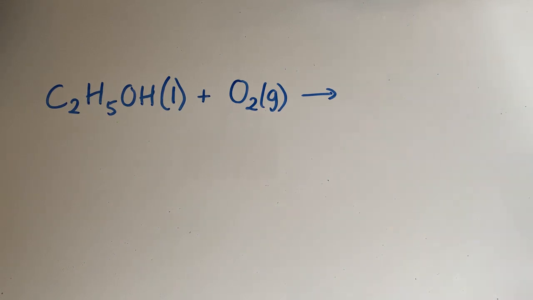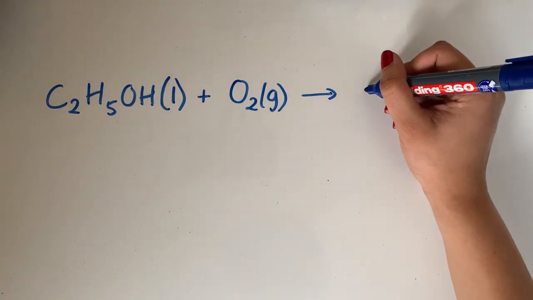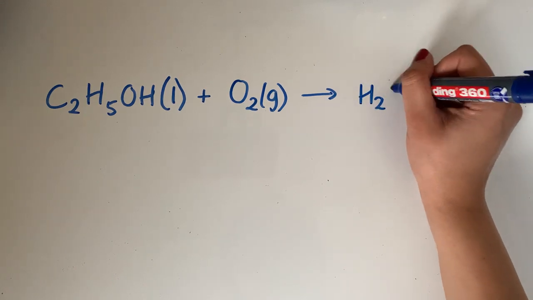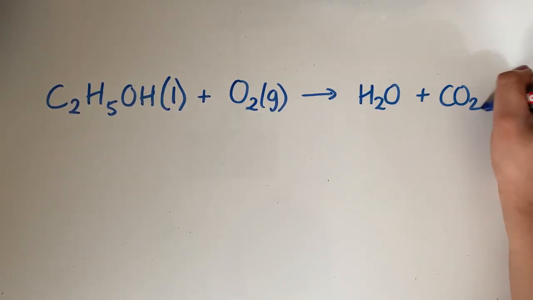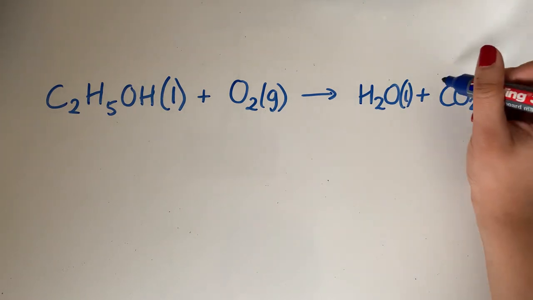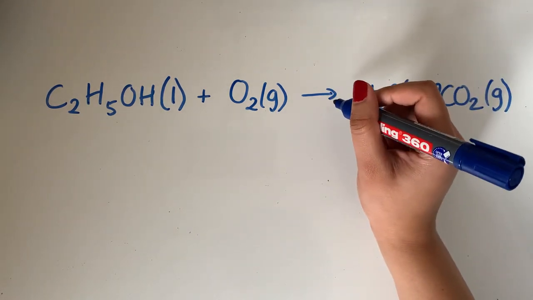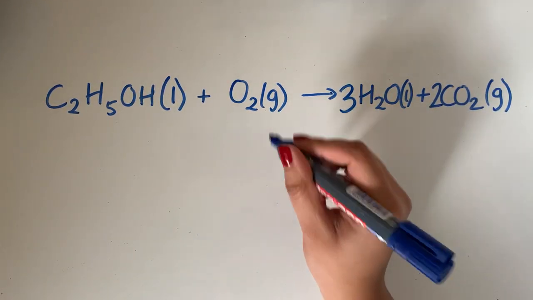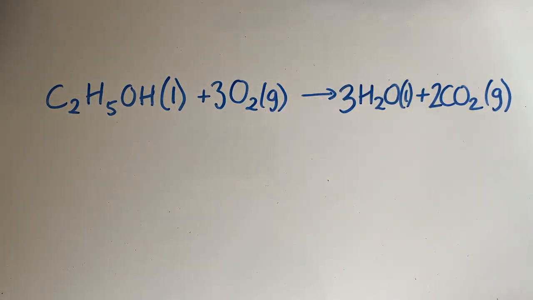So if we're doing the complete combustion, we are going to produce water and CO2, so water liquid and carbon dioxide gas. All we then need to do is balance this equation, like so. So this is the complete combustion of ethanol.